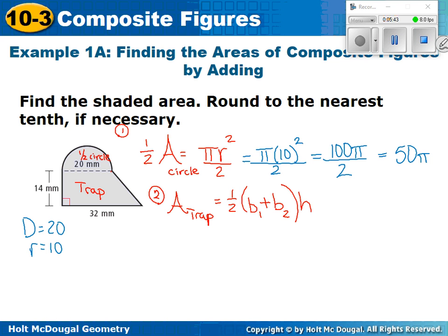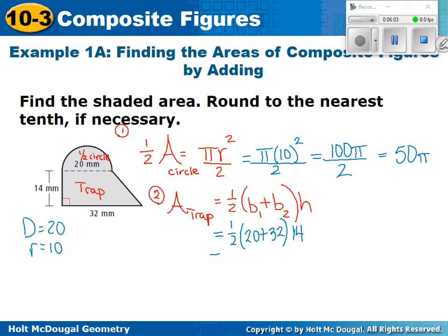Okay, moving on to the trapezoid. The trapezoid has 2 bases. What are the 2 bases in our picture? 32 and 20. Good. So we're going to plug in 1/2 of 20 plus 32, and we're going to multiply that by the height. What's the height of the trapezoid? 14.